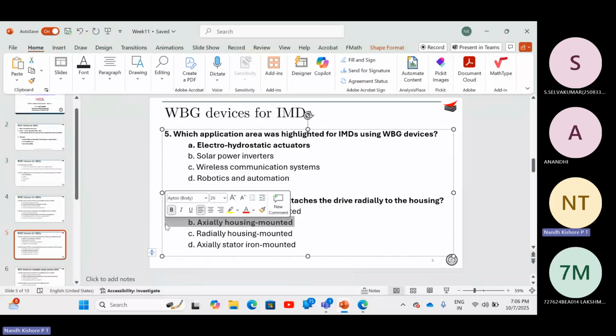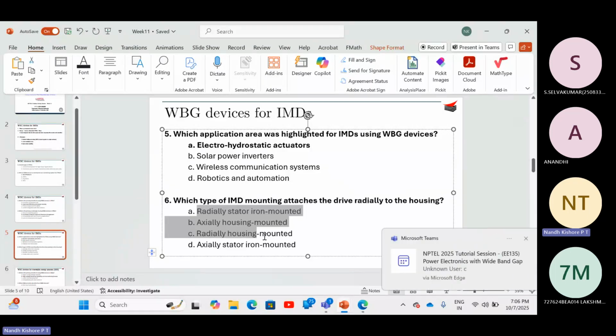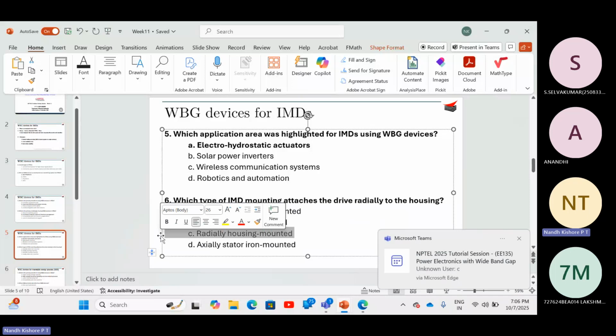So what is the correct option for this? Very simple. From the question itself, you can tell the answer. In the question itself you can see it says radially, and there is housing. So from the options you see that the answer is going to be this, right? Correct.